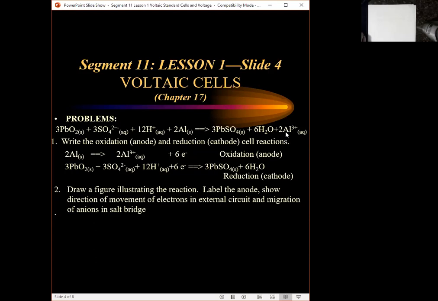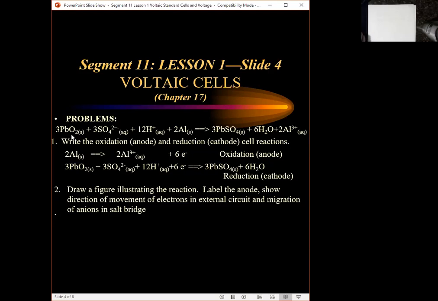The aluminum on the right is at +3. So that's got to be the oxidation or anode reaction taking place. It's going to generate electrons on the metal aluminum. So the aluminum metal is going to be the negative electrode. It's where oxidation takes place, and oxidation makes that the anode.